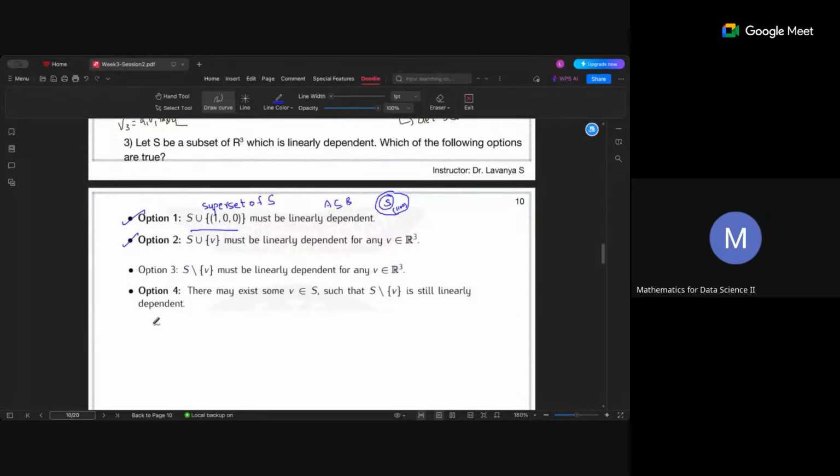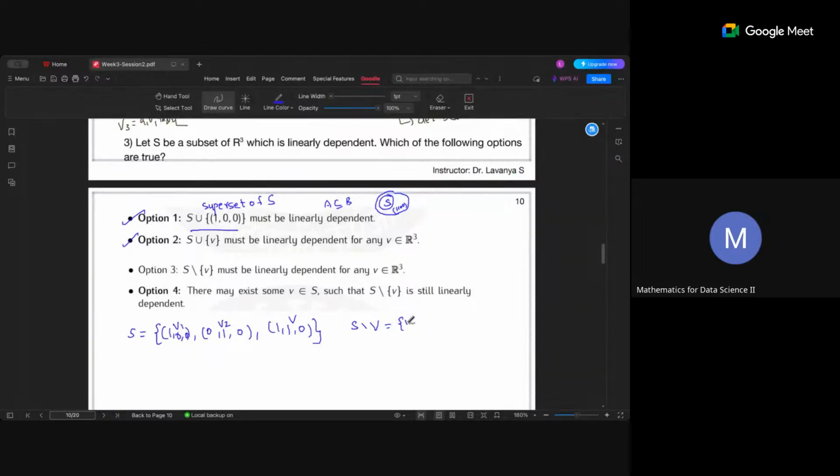Let us look at two possible scenarios. Let us take the set S equal to 1 1 1, 1 0 0, and 1 1 0. Let us say this is V1, this is V2, and this is my V. Now what is S minus V?